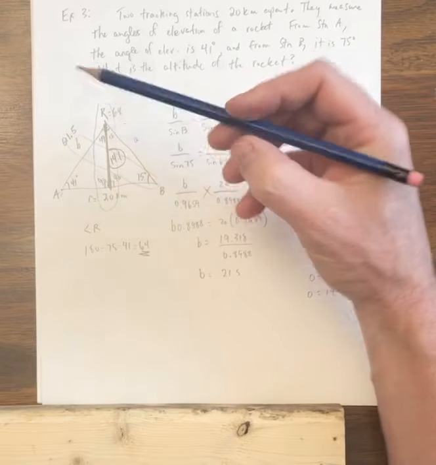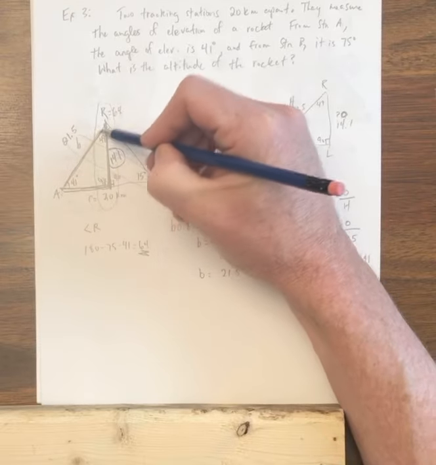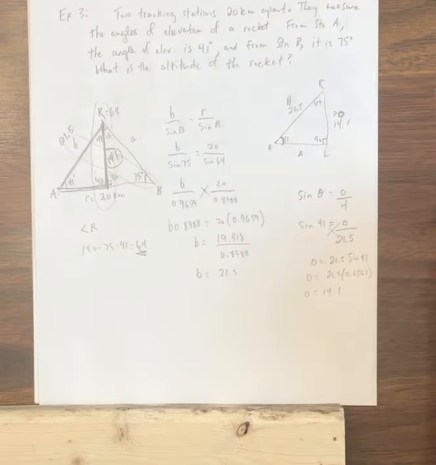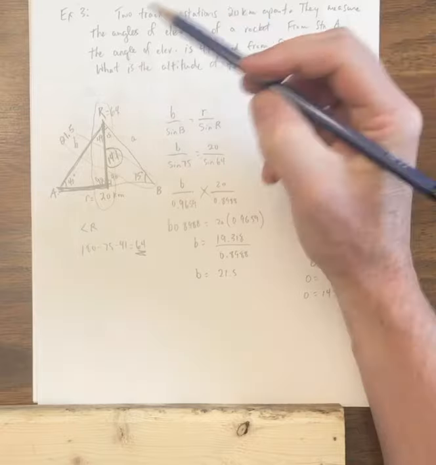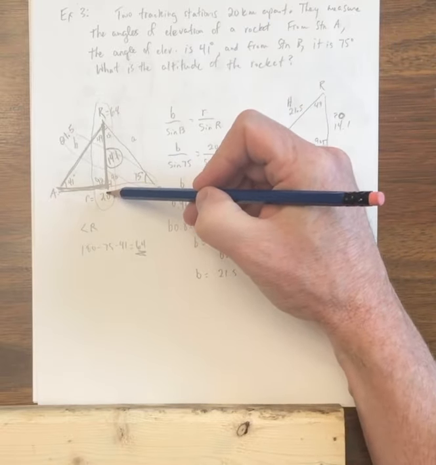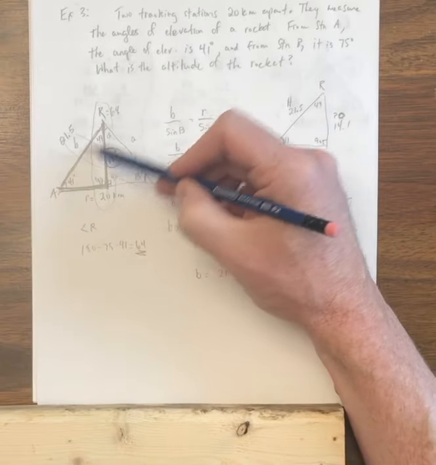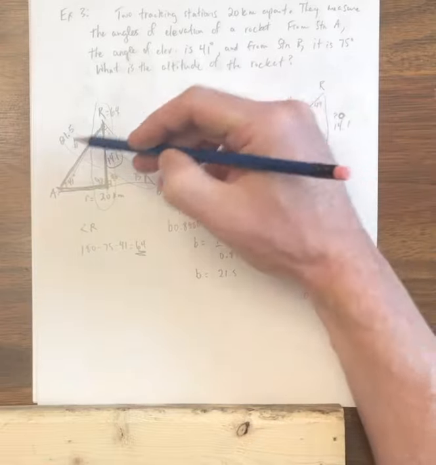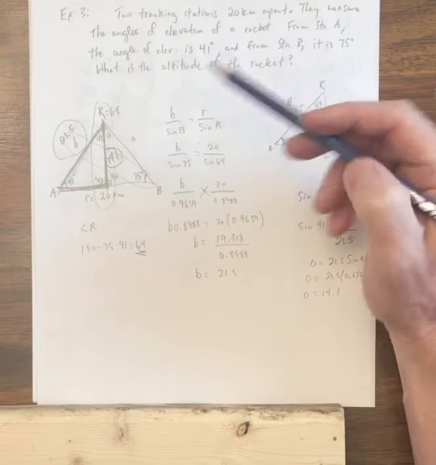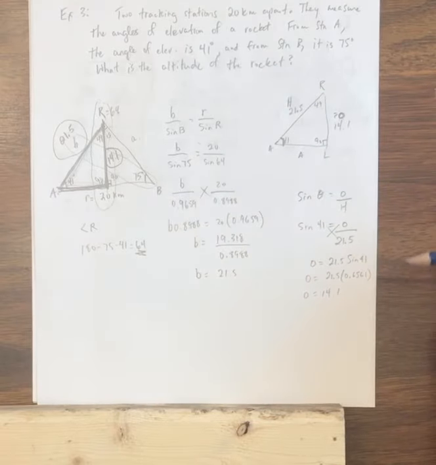And the answer is we would either need to know this length or this length in order to use our trig ratio of a right angle triangle. This one here is unsolvable at this point because this rocket was not launched from the middle, so I don't know the length of this, but this one was quite solvable using our sine law. So that's what we did first to find this length. Once we had that, we had all the information we needed to solve here.